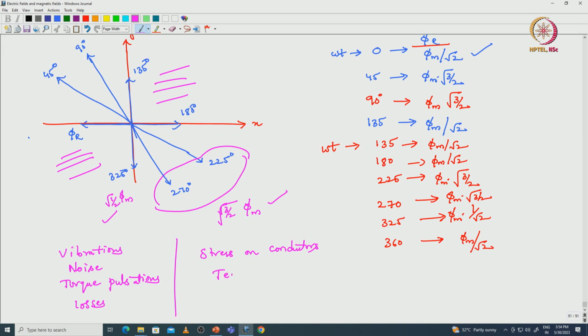Because of the losses there is a temperature rise, and it is difficult to manage the thermal aspect. Difficult to manage the cooling.